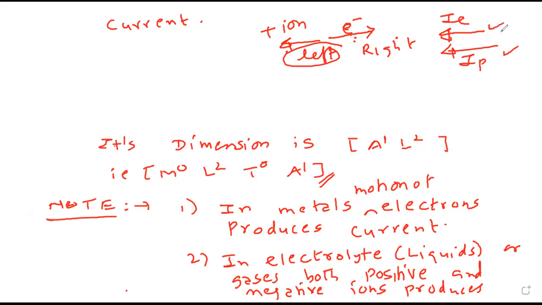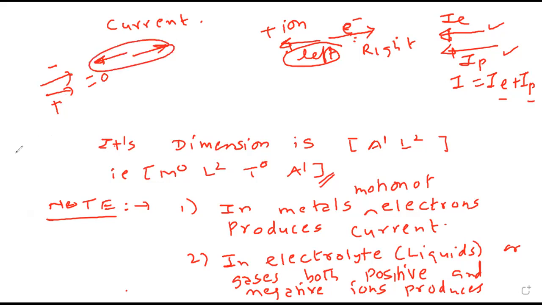So both in same direction, current will be the algebraic sum of current due to flow of electron and due to positive ions. These electrons and positive ions are in opposite direction, but current will be in the same direction, that is in the direction of positive charge. So if they say electrons and positive ions both are traveling in the same direction and they are equal in number, then what is current? Then I will say 0, because electron current will be opposite and positive will be in the same direction, net will become 0.